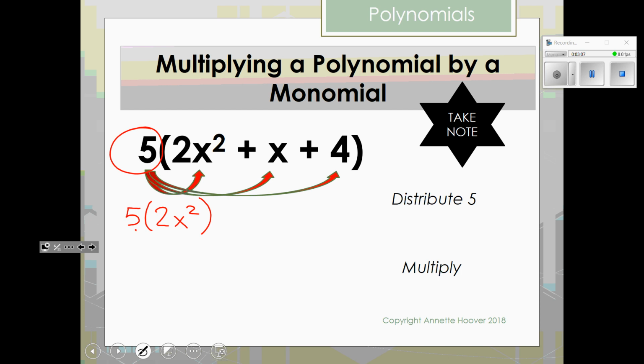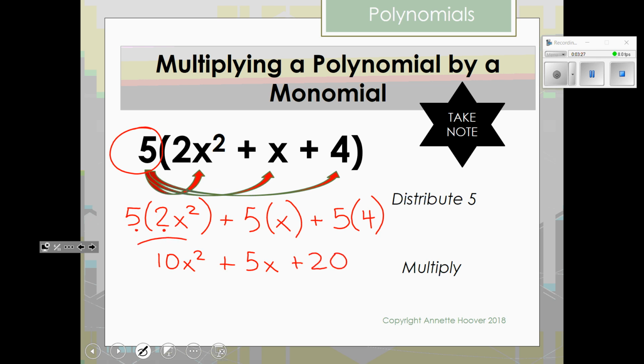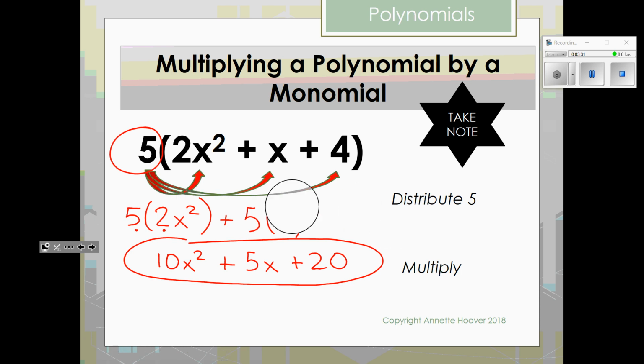I know that I can multiply 5 times 2, which is 10, and then I just have x squared. Then I'm going to multiply the 5 times the second term, which is x, and that results in just 5x. And then I'm going to multiply the 5 times the third term, which is 5 times 4, which results in 20. So my final answer is 10x squared minus 5x plus 20.